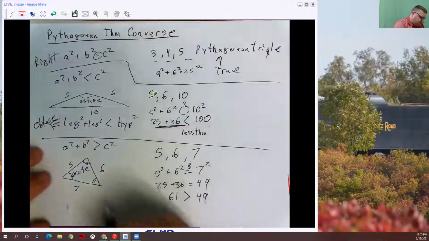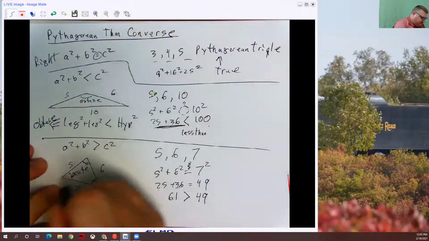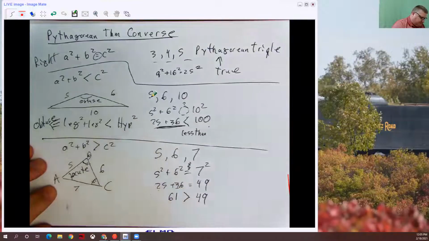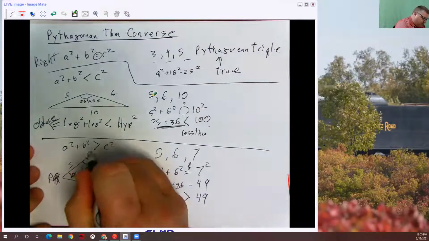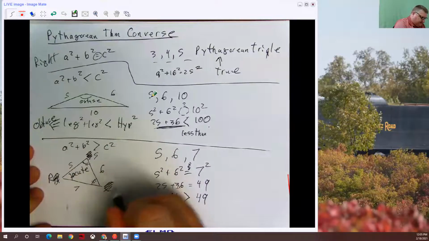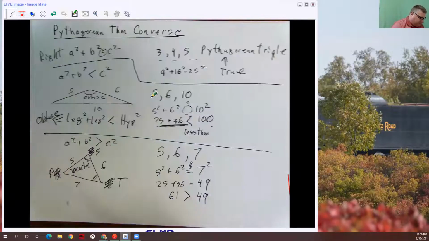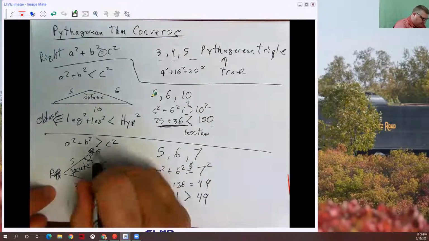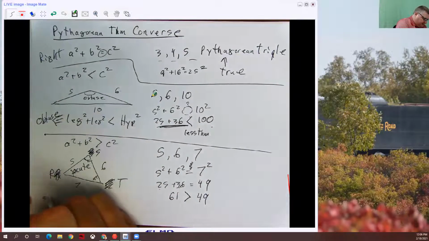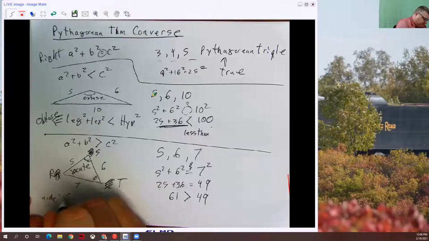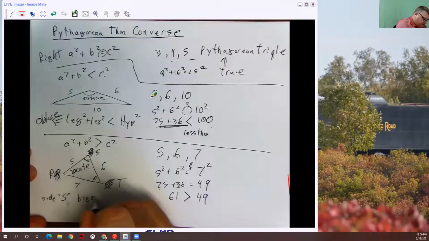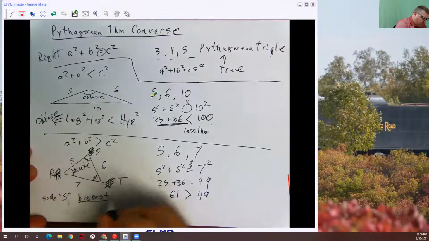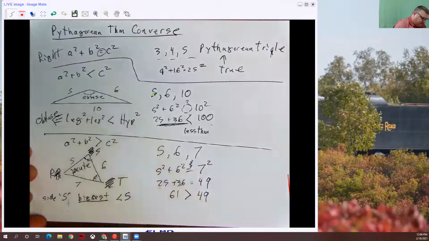And in fact, this is a really good point to note. If I have, let's go R, S, and T, what's the biggest side? Well, the biggest side would be side S. And the biggest angle would also be angle S, because it's across from the largest side.